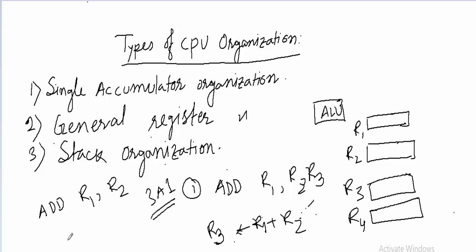Instead of using R3, we put the value of the addition into R1, like add R1 plus R2 and store the value into R1. So here we are using fewer registers. So this is a two address instruction. So in general register organization, we could have three address instructions and two address instructions.